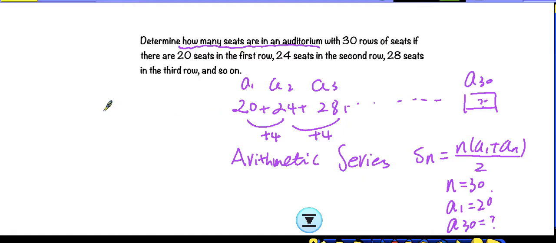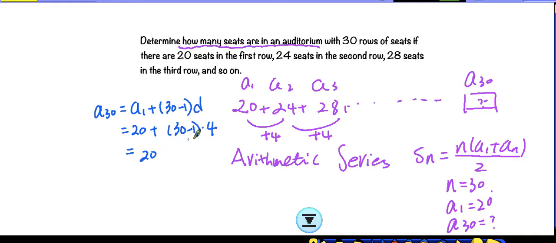So let's do that. a30 is a1 plus n minus 1, which in this case is 30 minus 1, times the common difference, which is 4. So let's plug in. The first term, which is 20, plus 30 minus 1 times the common difference, 4.